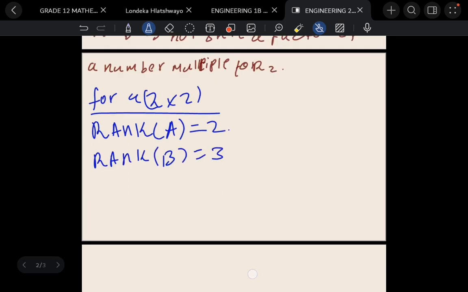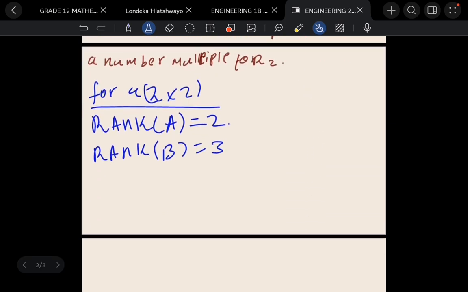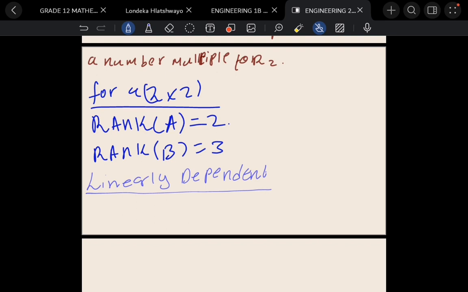Let us look at another concept, which is linearly dependent. When we say rows are linearly dependent, we mean this. Let's have matrix A. I'm going to think of any numbers: -5, 3. And then I am going to multiply the first row by -2.